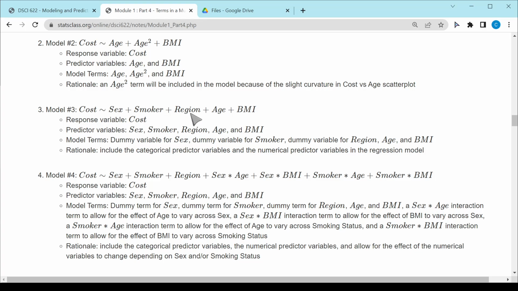And then for region, there's actually 4 regions, so a collection of 3 dummy variables are created there. I'm not going to go into details on how that's done, but I will help explain how I can get my prediction equation in that situation. And then the other 2 numerical variables are just age and BMI.